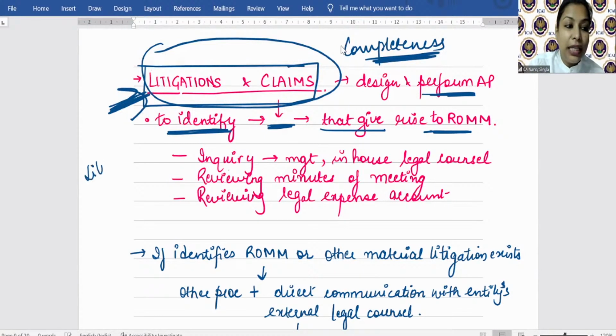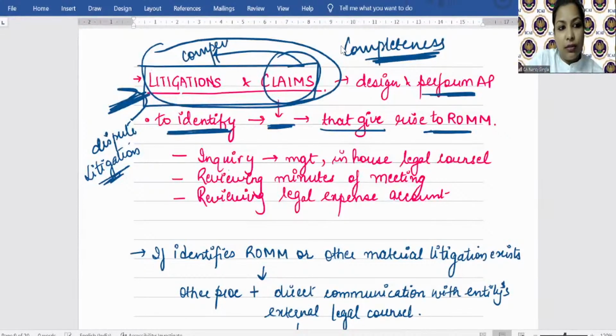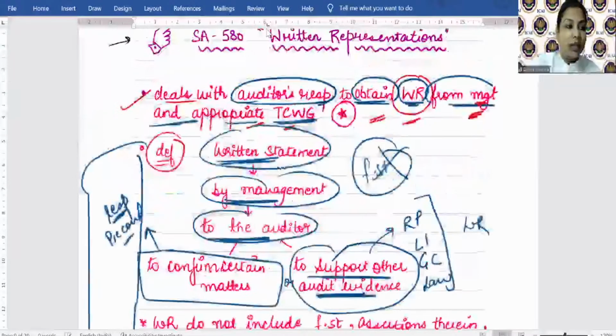When you're checking litigation and claims, what do litigation and claim mean? Litigation is some dispute going on. Claim is that the company may have to pay some compensation.